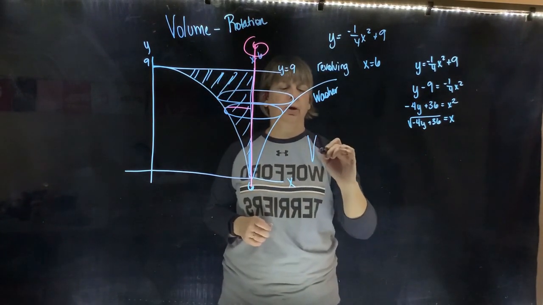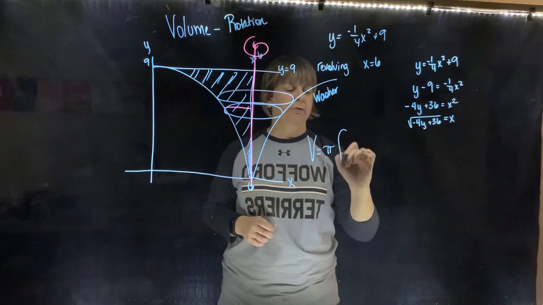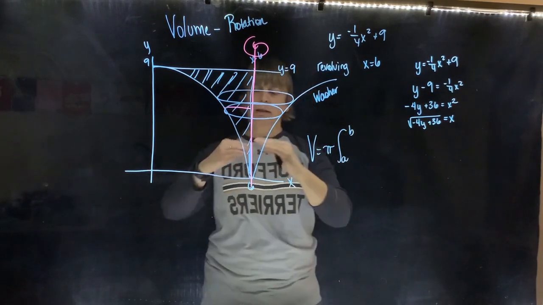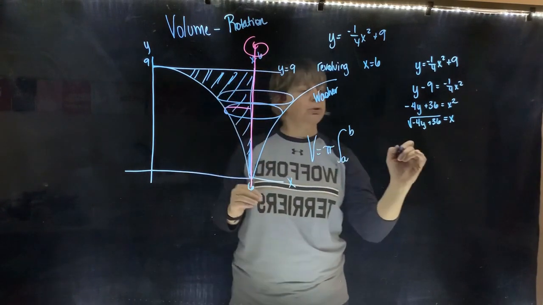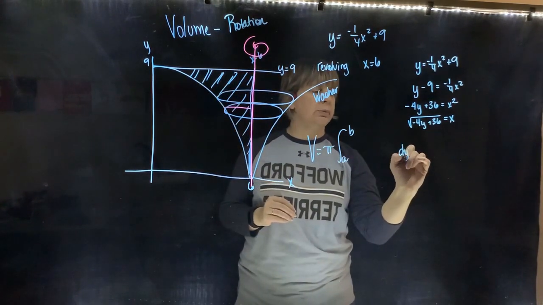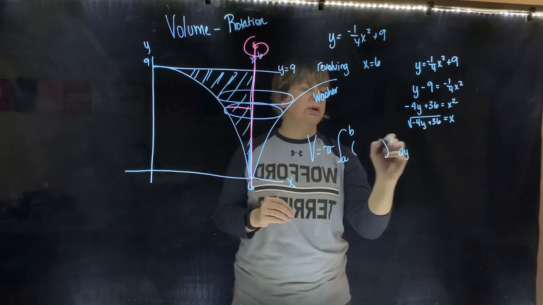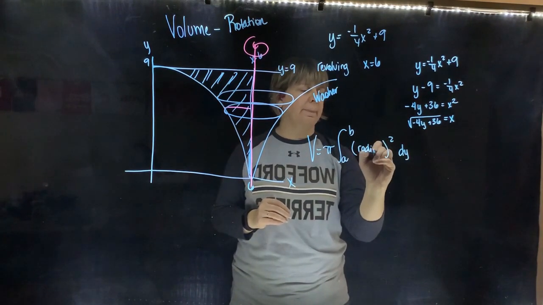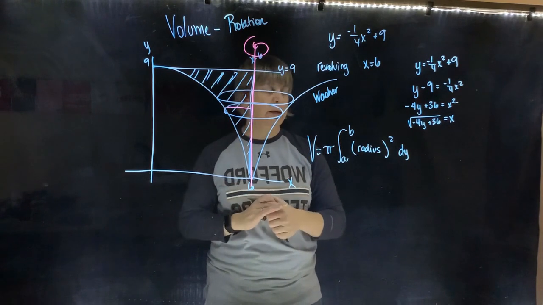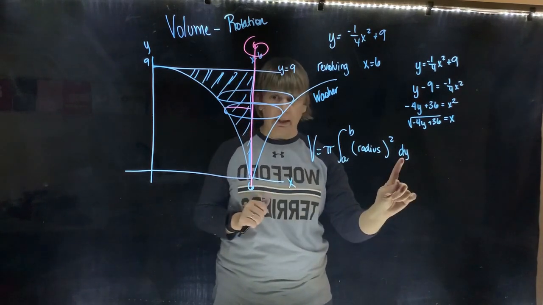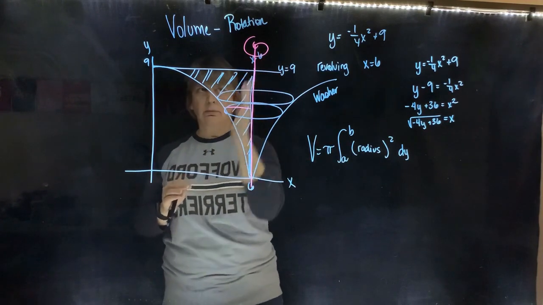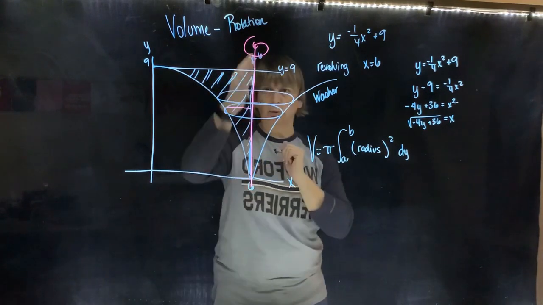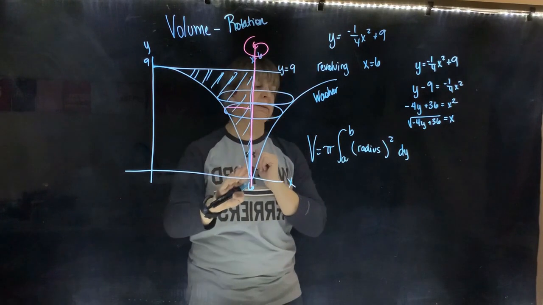We are going to do volume equals pi integral from a to b. And I need to know, see my circles being sliced this way? So my circles are being sliced in the dy direction. And I still need my radius squared. Now, in this case, my radius is going to be in terms of y, because I'm slicing things this way, or I'm rotating up and down, like it would match the y-axis.